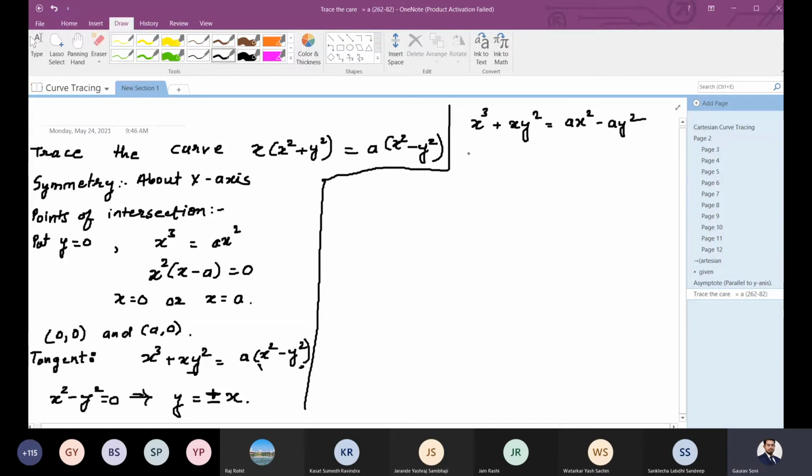The derivative of this is going to be 3x square plus x into 2y dy by dx plus y square is equal to 2ax minus 2ay dy by dx.